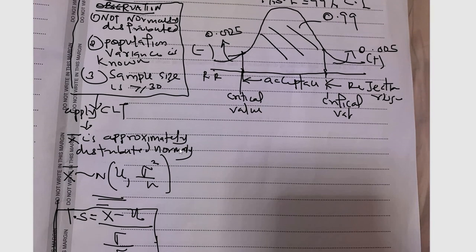Like I said earlier, what we are concerned with is the probability of Z less than z.